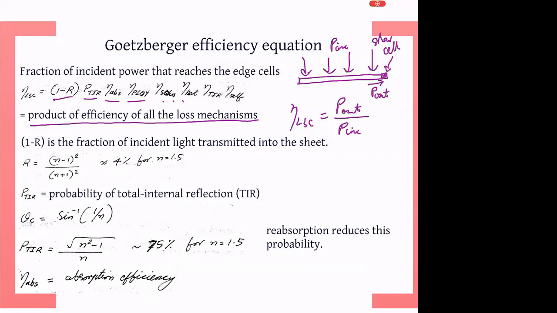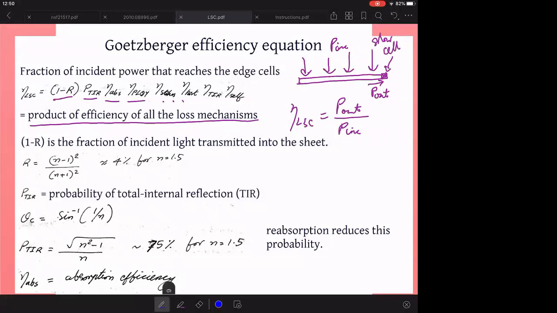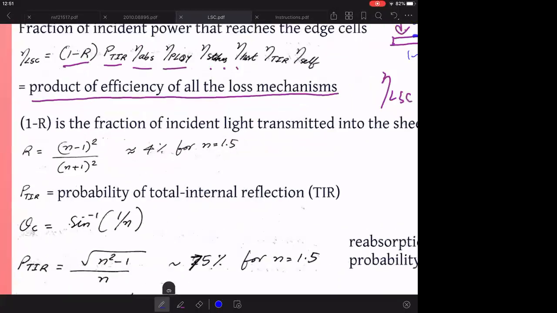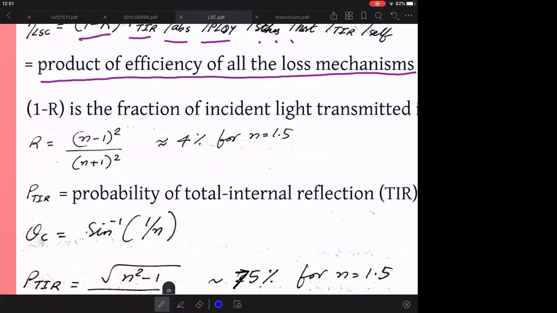The first term here is 1 minus R, which is the fraction of incident light transmitted into the sheet. Of course, we know that some of this light is reflected out just from the surface here, and we'll call the power reflected R. So what's transmitted in is simply 1 minus R. For broadband reflection, R goes as (n-1) squared divided by (n+1) squared, which is approximately 4%.